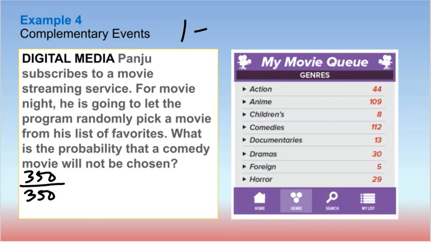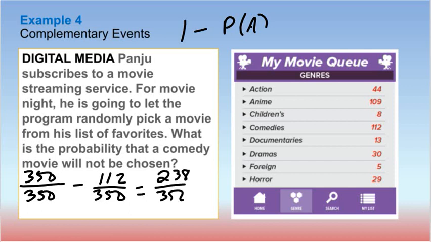So I'm going to use 1 minus the probability of event A. So 350 over 350 is our 1 minus, out of the 350, how many of them were comedy? There were 112 that were comedy. So if I do 350 minus 112, that gives us 238 out of 350.